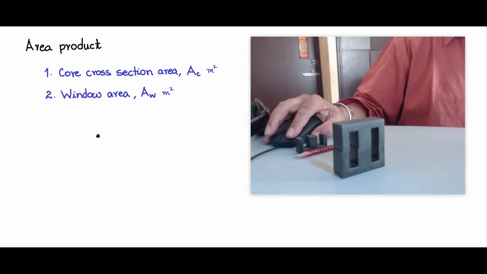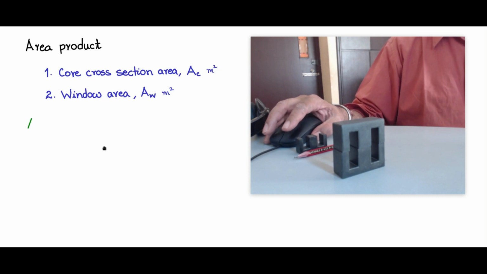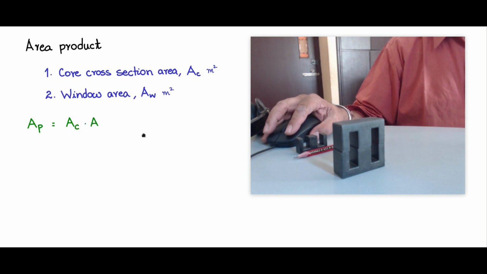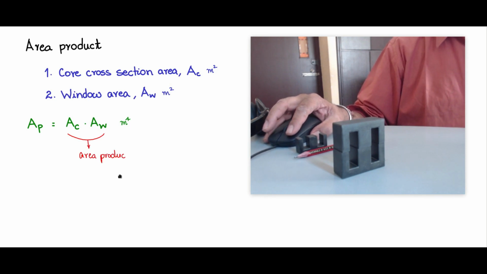And now area product AP is AW into AC or AC into AW, and this is meter to the power of 4. Now AC into AW is called the area product.